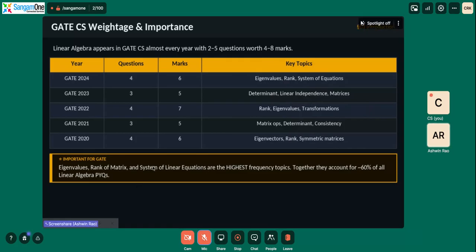These three topics contribute nearly 60% of the linear algebra PYQs. You can ask which topic beginners should prioritize. We should start with matrices, determinants, and rank, then eigenvalues.